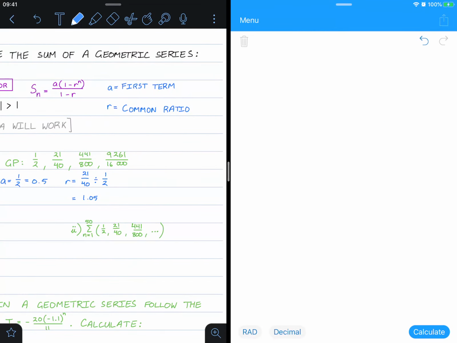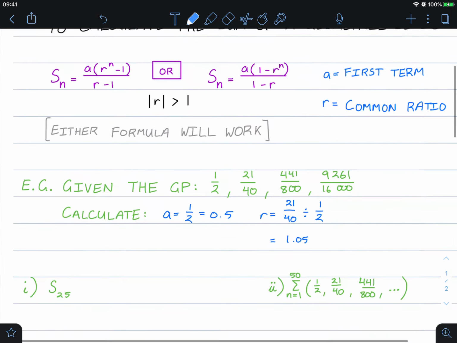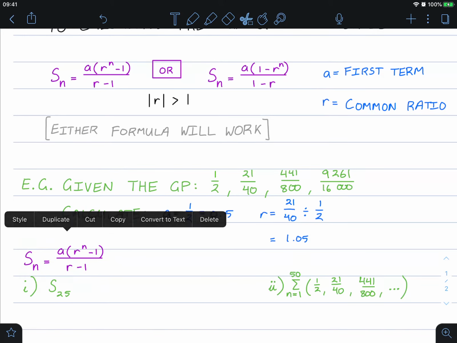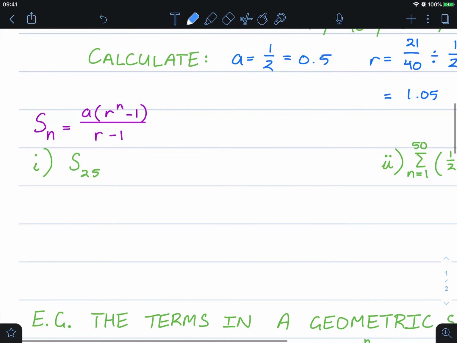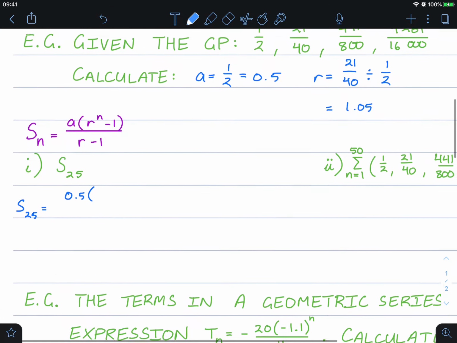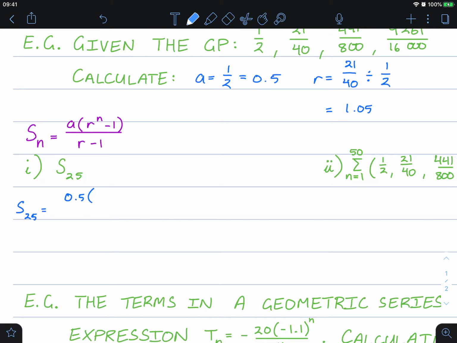So now we have it. Just now using our formula, substituting it in, we get S of 25 is equal to a, which is 0.5, times (r to the power of n, so 1.05 to the power of 25, take away 1), all over 1.05 take away 1.